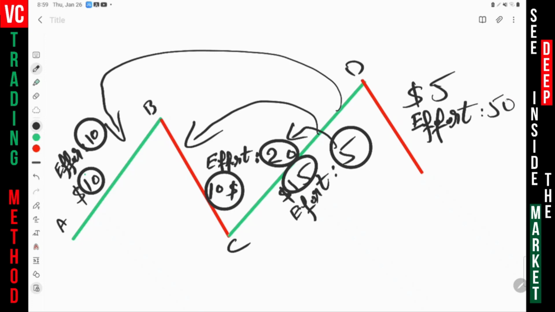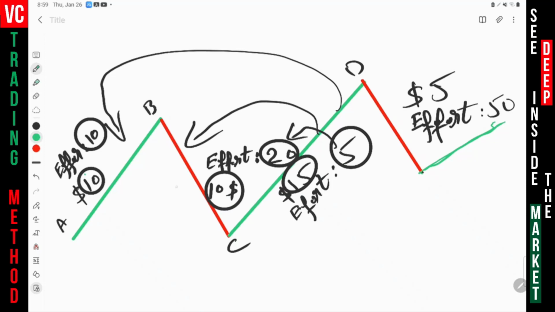The same reversal sign, from the downside to upside. Most probably the price will reverse from its direction because it's consuming more effort, less results.